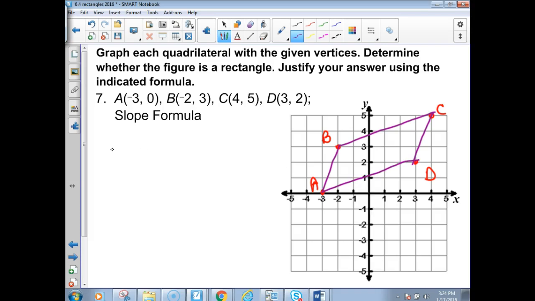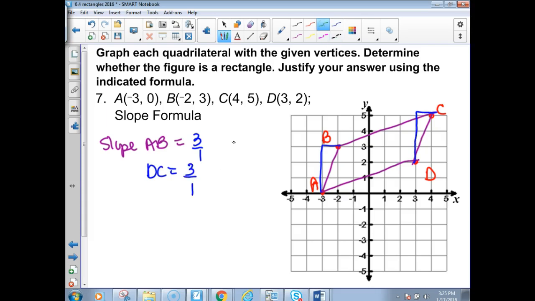Okay, so if we do the slope of AB, that would be up 1, 2, 3, right 1. Up 3, right 1. 3 over 1. I'm going to compare that to the slope of DC. That's also up 1, 2, 3, right 1.